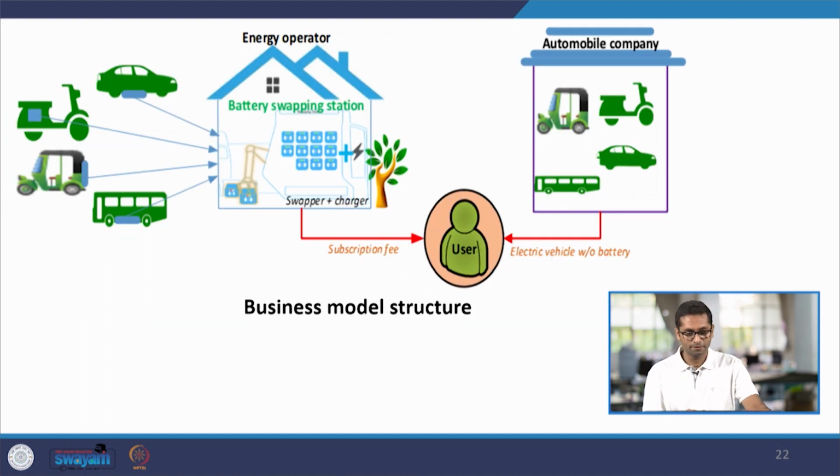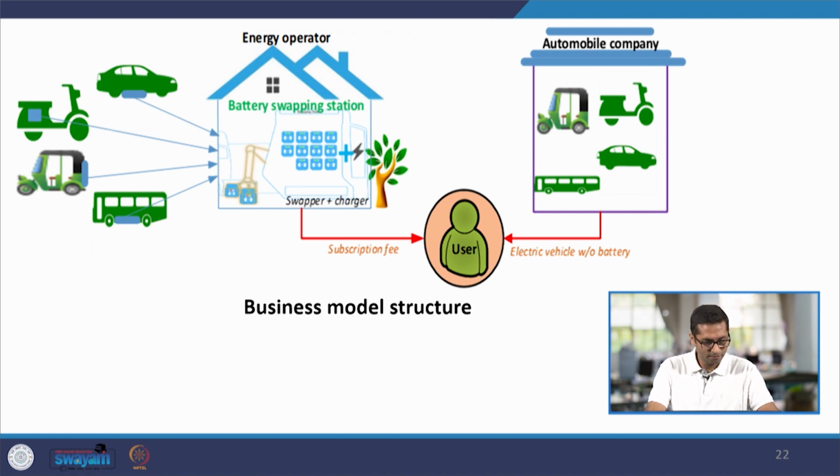So, for the business model, to explain better, it's something very similar to the gas cylinder that you would rent in your homes. So, you do not own these cylinders perpetually, but you rent them for subscription fees. Something similar could be in the case of the battery swapping mechanism, where you are renting in a battery and you change the discharged battery with the charged battery, and you pay a monthly subscription fee.